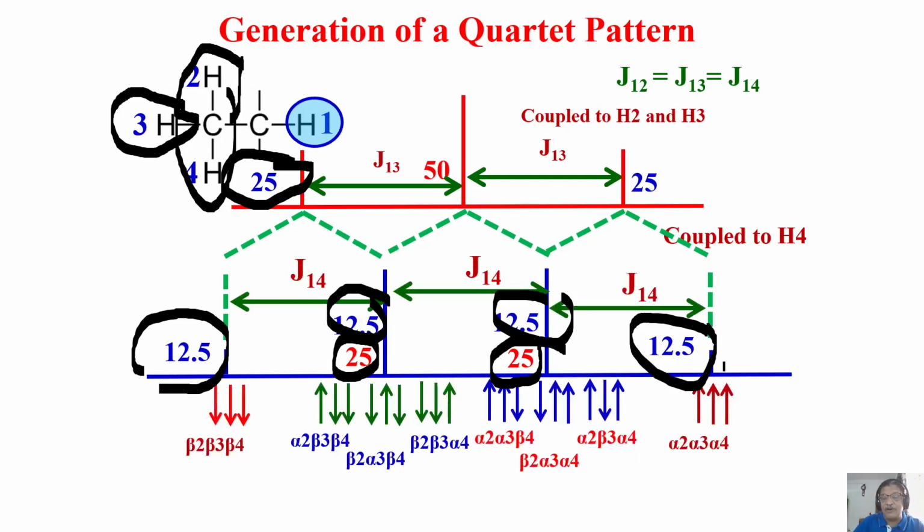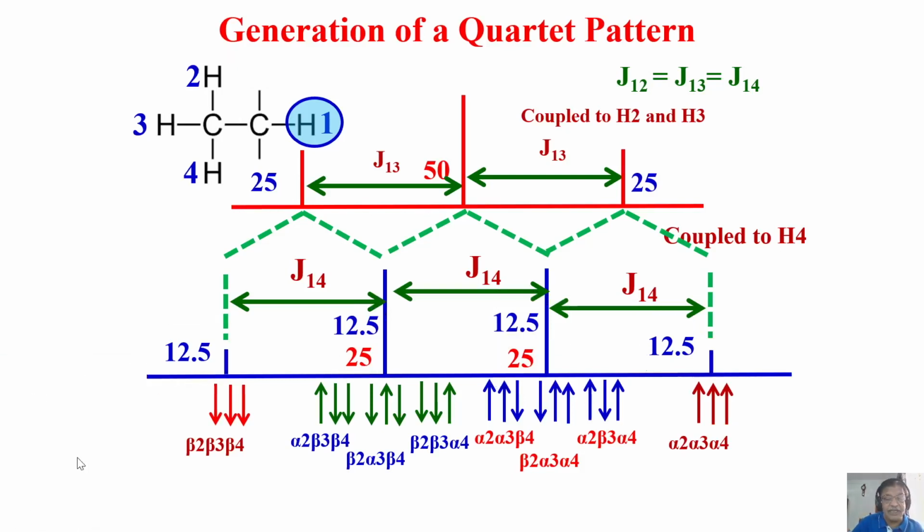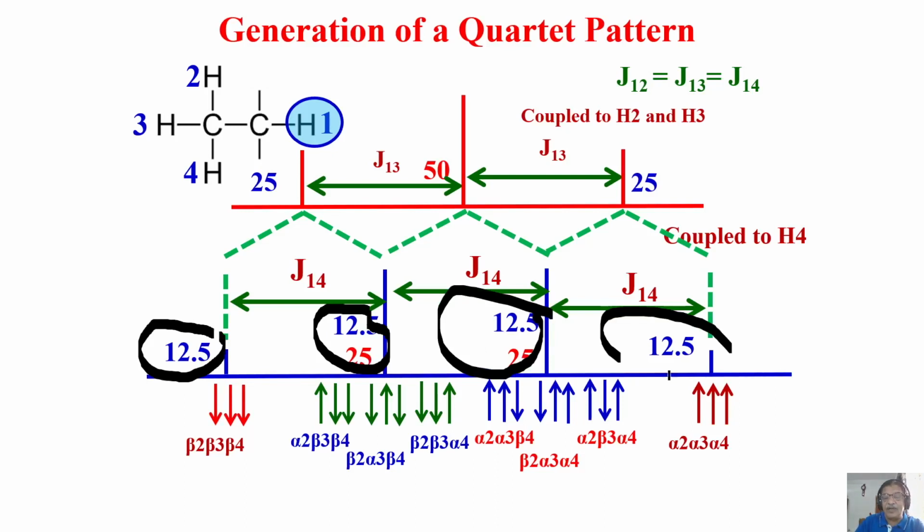This is 37.5, 12.5. Now what is the ratio of intensity? If you consider the intensity between this and this together, this is 1:3. If you consider this as 1, this is 3 times. So 1:3:3:1. So in the quartet, you get intensity ratio 1:3:3:1.